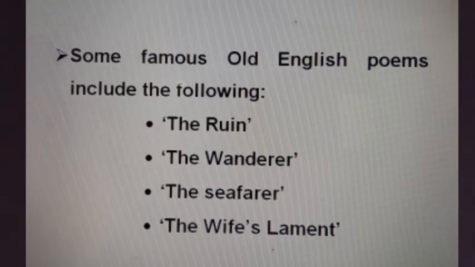We know an elegy is a poem that mourns the death of someone or expresses some kind of sadness. So they were all written in the elegiac style.